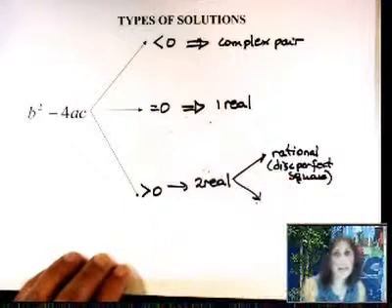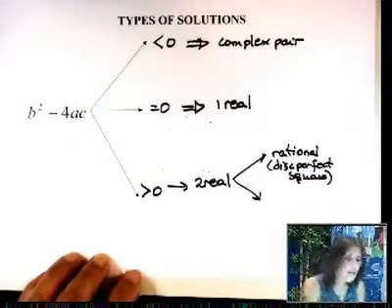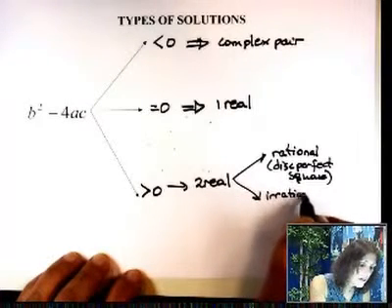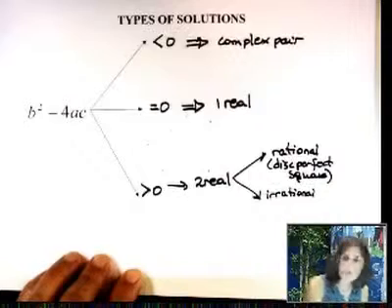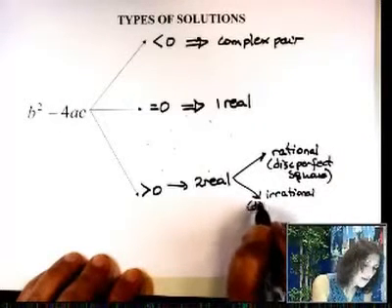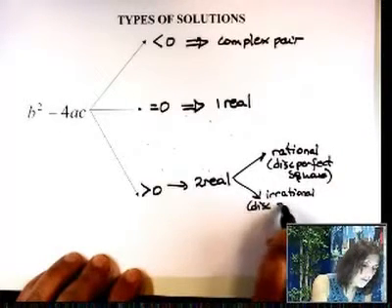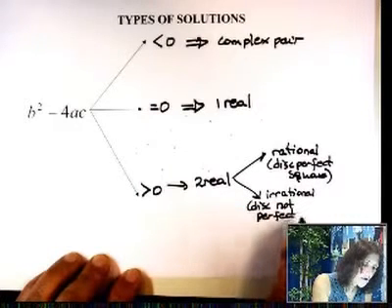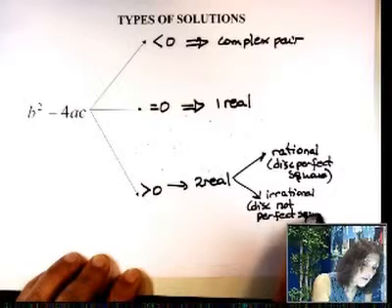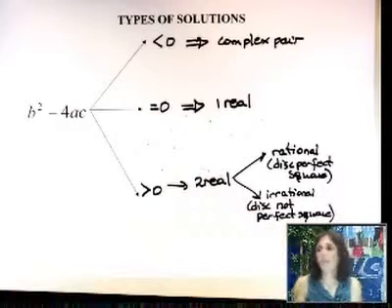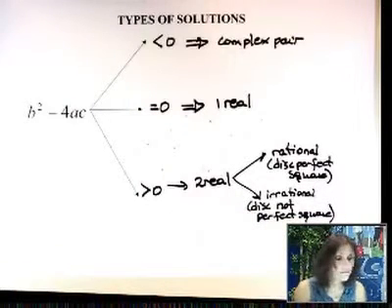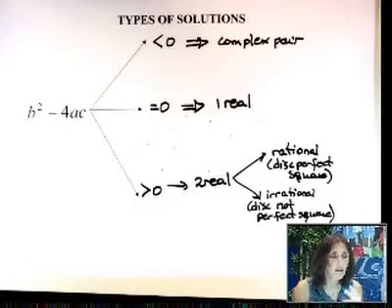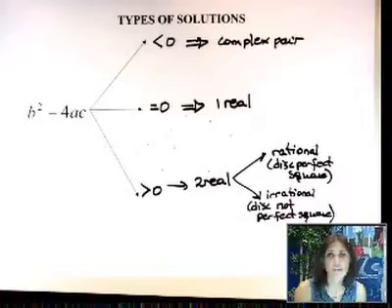When the discriminant was ugly, like 7, 11, those kind of things, you ended up with irrational real answers. And that means the discriminant is not a perfect square. So this pretty much summarizes it. You either get a complex pair, one real answer, two real answers, and among the two real answers you either have two rational or two irrational answers.